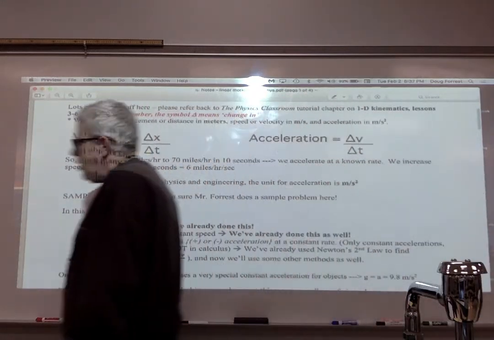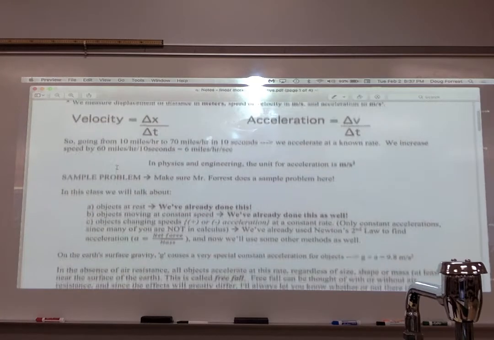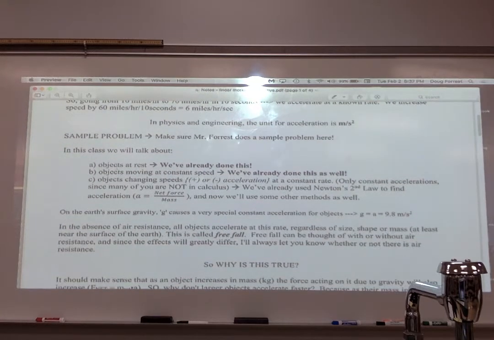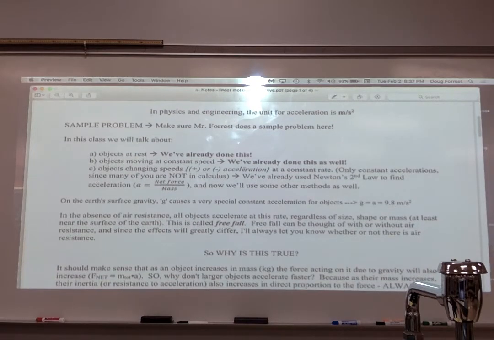So we've talked about already objects at rest. We know what those are. They're quite simple. We've also already discussed objects that are moving at a constant speed or constant velocity. For example, your buggy lab and those constant velocity sheets. And we've also already talked a little bit about objects at changing speeds that can have a positive or negative acceleration. We will not have changing accelerations. We will always have a constant acceleration because we're not in calculus class where that makes more sense.